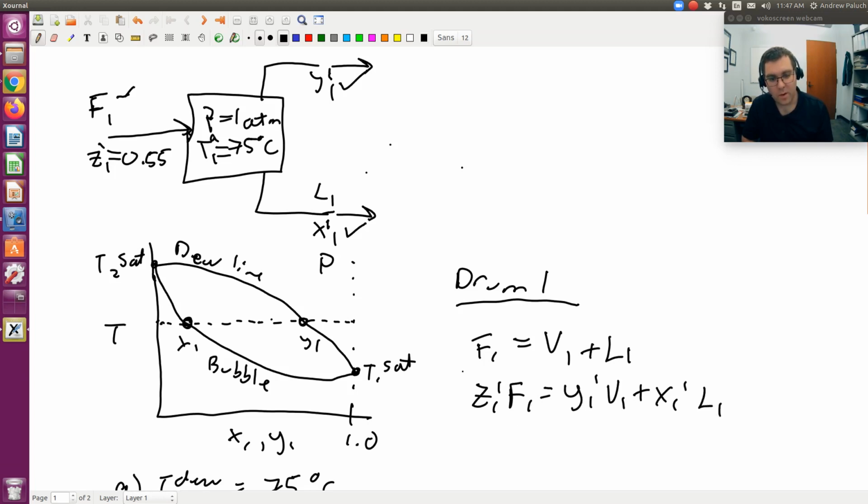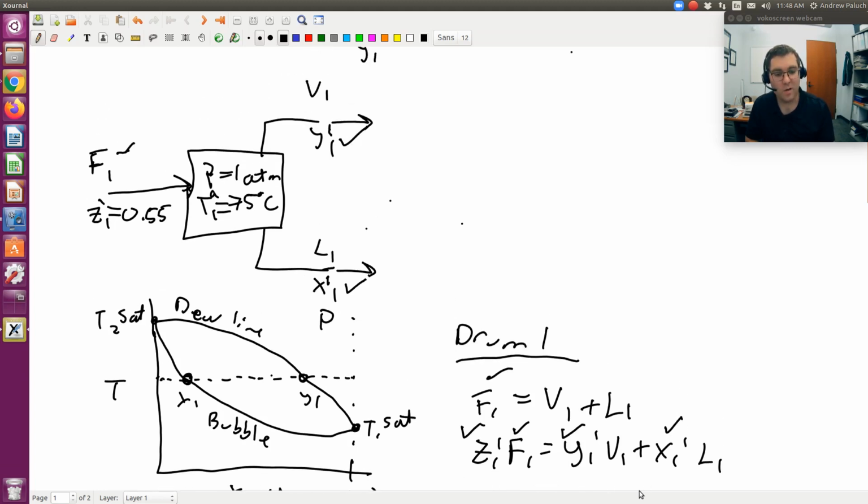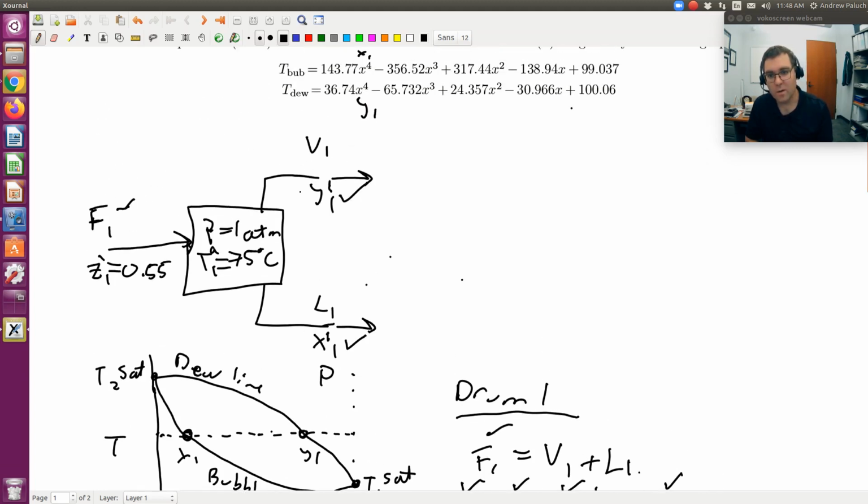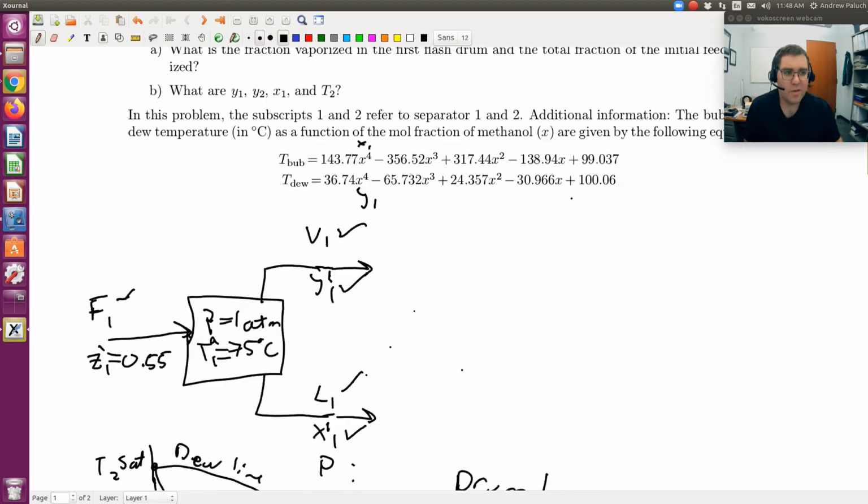So I know Z, and we know Y and X, we just found them from our equilibrium expressions, and we know F. So I have a system of two equations with two unknowns that I can use to solve for V1 and L1. So I can completely solve drum 1 without a problem, and I would get V1 and L1. I have everything.